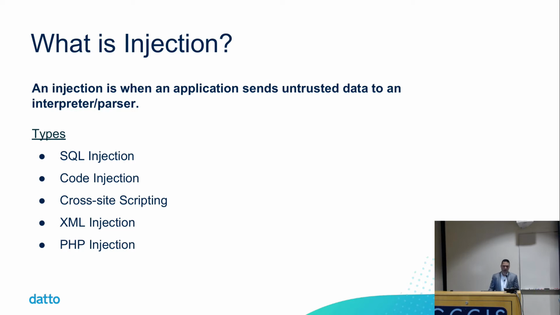A few different types are at the bottom. SQL injection is probably really popular amongst everybody familiar with that attack. There's code injection. Cross-site scripting is also a sort of injection technique. You have XML injection, like external entity attacks, and then just in general PHP injection, like local file inclusion and stuff like that.